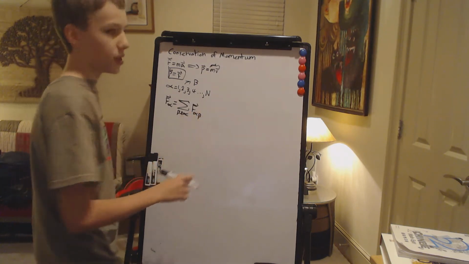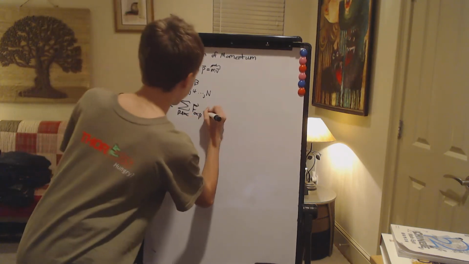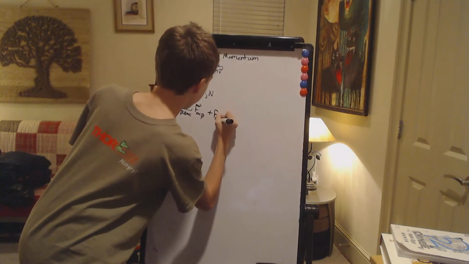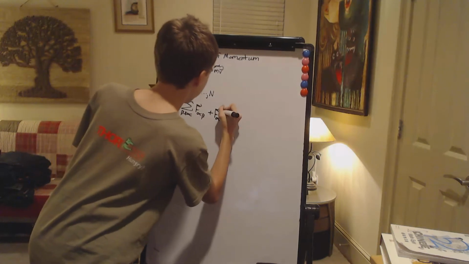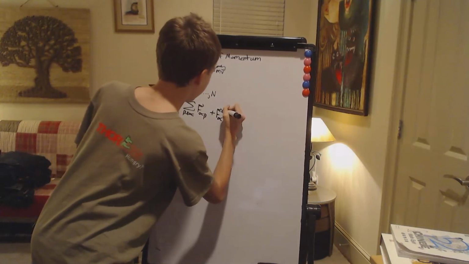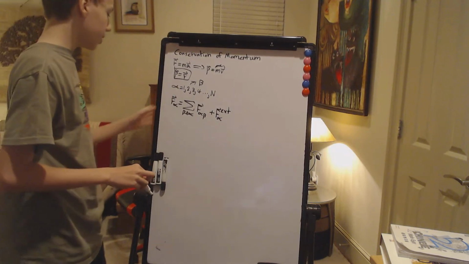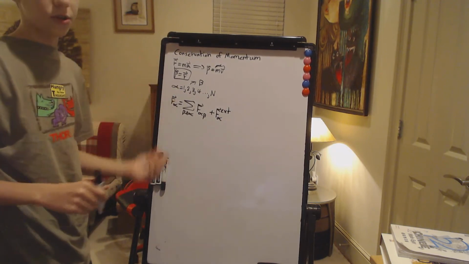But we can't forget the external forces on alpha, so we simply add on the external forces. We'll denote that, like last time, as F sub alpha ext. Okay, now we want to sum over all our particles in the system.